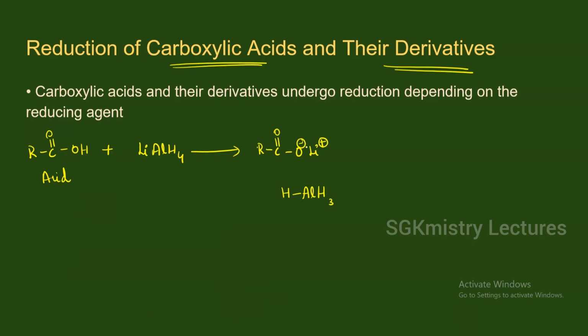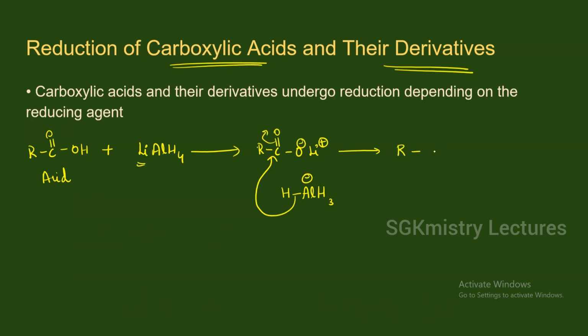Carboxylate ion is formed. Now the O minus is stabilized by the Li plus, the ion of the lithium aluminium hydride, which is Li plus and AlH4 minus. Now this can attack the carbonyl carbon and the bond shifts.